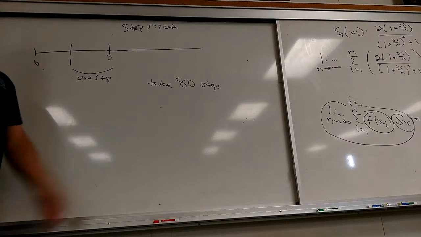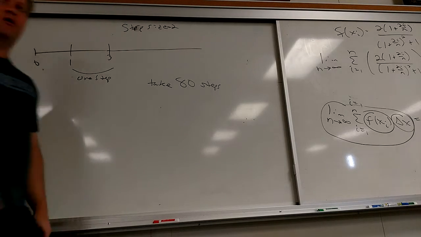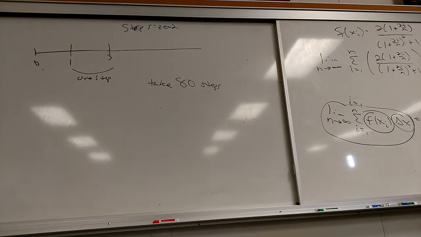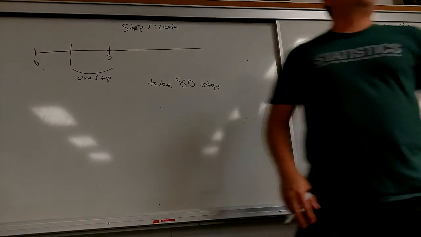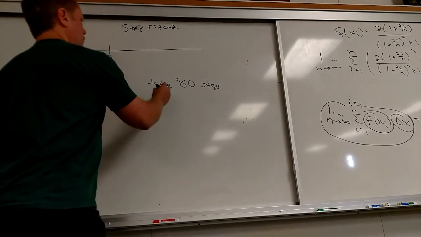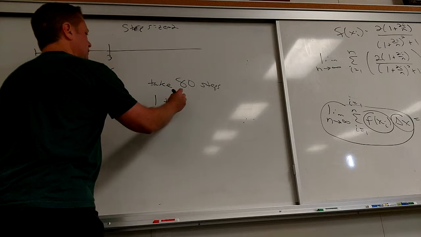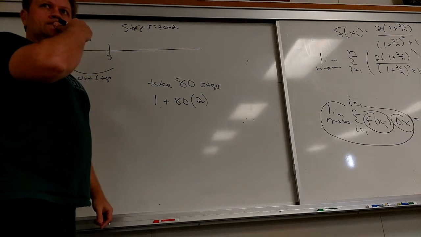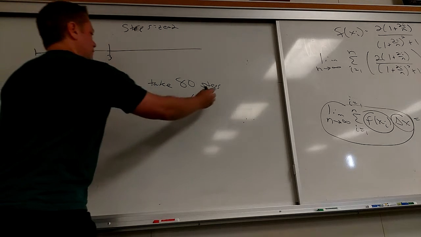Let me start to walk along it and see if it has an end. I keep walking 3, 5, 7, 9. I keep taking steps of 2. If you take 80 steps, where do I end up? You end up at 1 plus 80 steps, so it's 161.